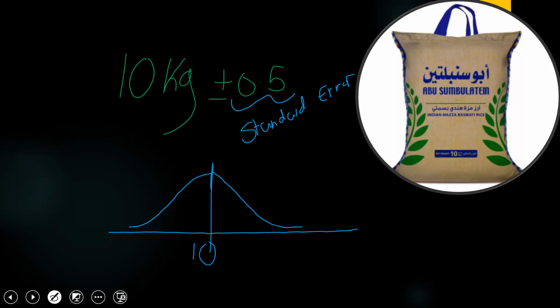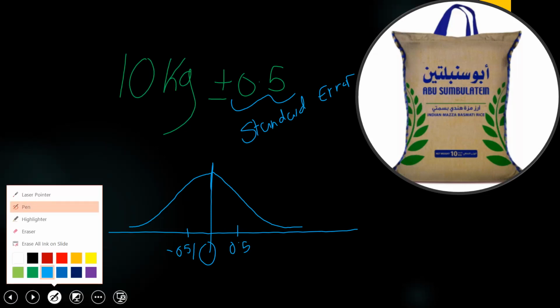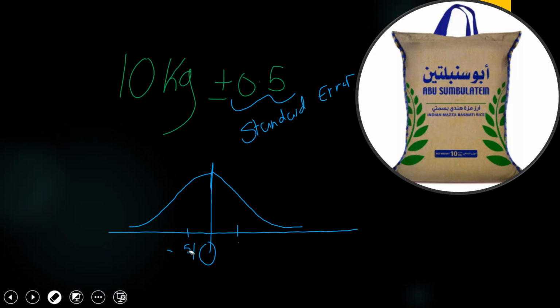No. The manager, as an example, will say that I will add 0.5 and you can subtract 0.5. What does it mean? If I find one of them 10.5 or 9.5, I will accept them.